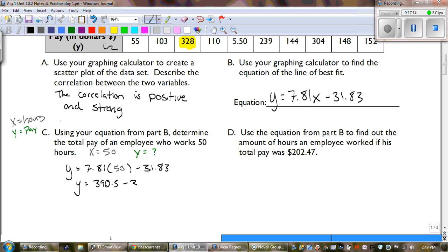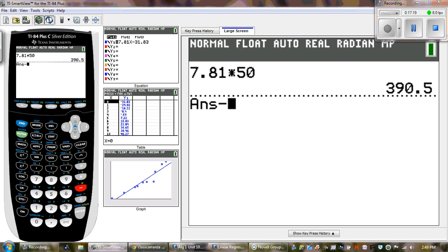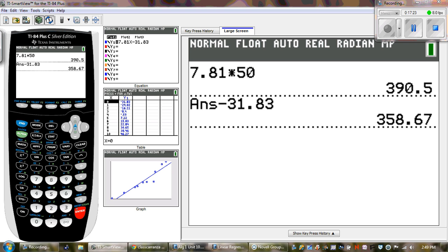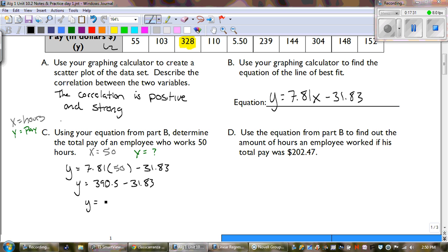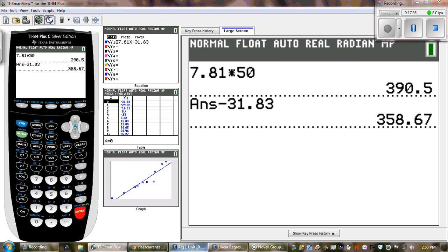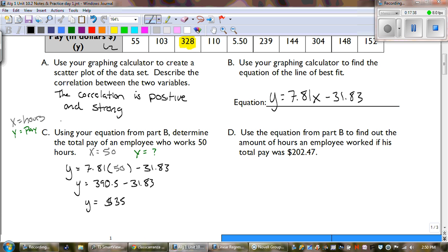And we're going to subtract 31.83, and I get 358.67. Okay. So our pay, we're talking about pay, so I'm going to make sure to label it 358.67. And just so I know that that's our answer, I'm putting a box around it and highlighting.